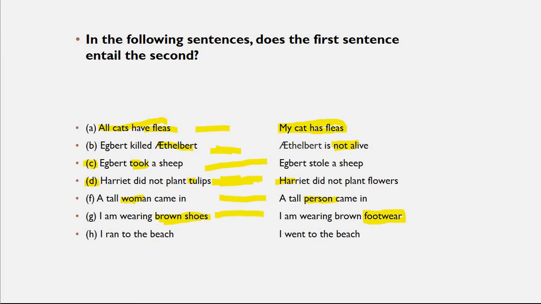So this is a correct entailment. I ran to the beach. I went to the beach. I ran to the beach means that somehow I went there and arrived at the beach. So this is a correct entailment. Only C and D are the exclusions as the answer, let's say.